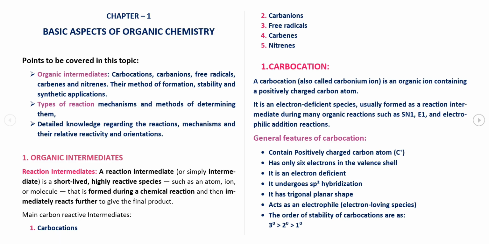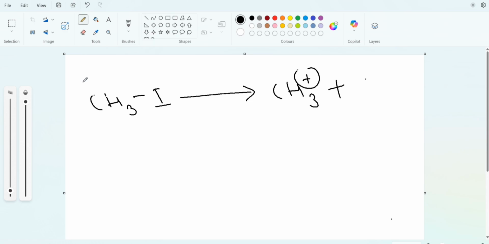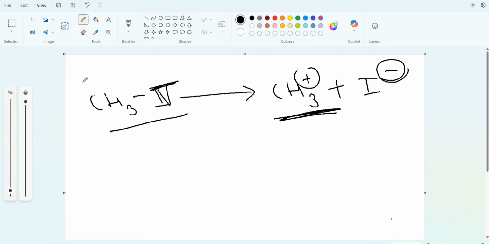Consider one example, an alkyl halide that is converted into the carbocation. This is an alkyl halide and this is a carbocation. The halogen atom, that is iodine, is a more electronegative atom than the carbon atom, so it carries both the electrons itself.